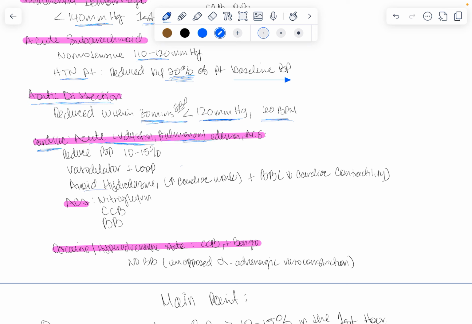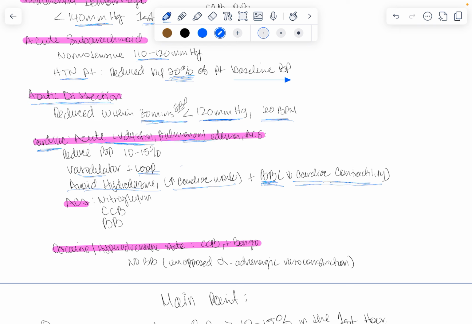You don't want to use hydralazine because it actually increases the cardiac workload. And you don't want to use a beta blocker because it will decrease the cardiac contractility. So again, for someone with acute left ventricular dysfunction and pulmonary edema, avoid hydralazine and beta blockers. Use a vasodilator and loop diuretic.